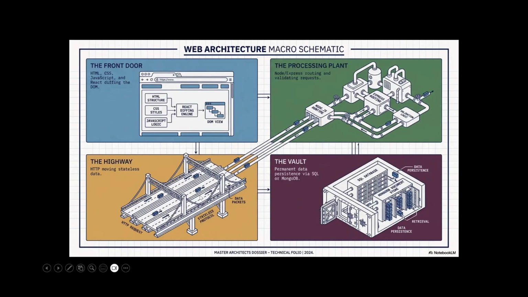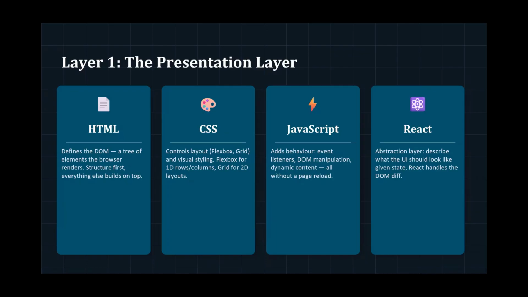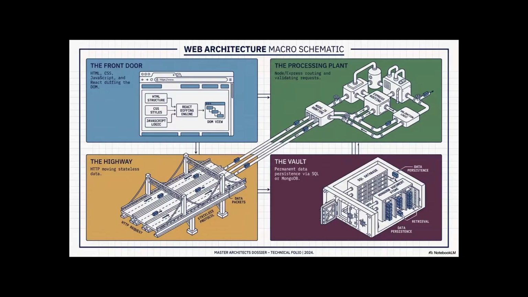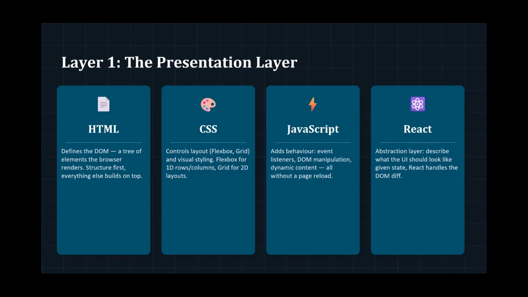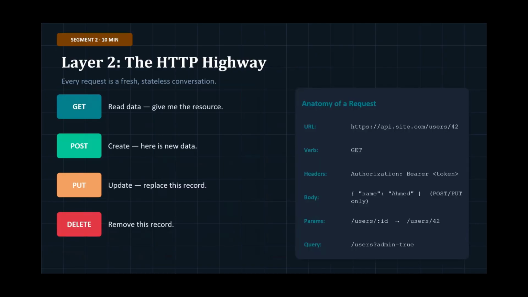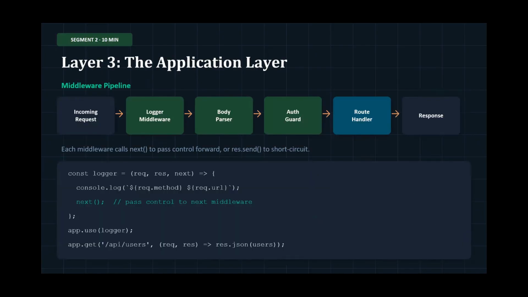This is the main thing which I have felt is interesting to control the whole system. And coming to the breadth of the architecture, there are four layers: presentation layer, HTTP layer, application layer, and persistence layer.